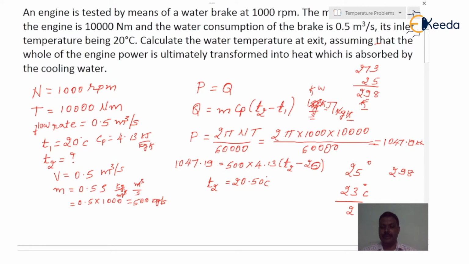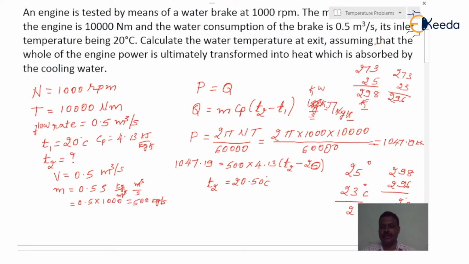Similarly, 273 plus 23: 3 plus 3 is 6, 7 plus 2 is 9, so it is 296. That is, 298 minus 296 is 2 degrees Celsius.